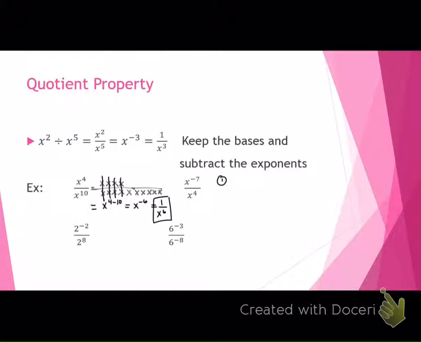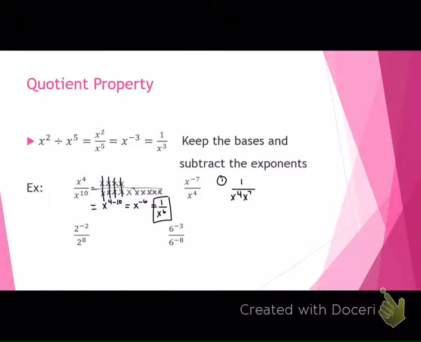One way, you could instantly change this so that you don't have negative exponents. Notice, did I move the x to the 4th? Is there a negative exponent on the x to the 4th? So should you move it? No, you only move things with negative exponents. So since this is in the numerator, it goes to the denominator. If it was in the denominator, it would go to the numerator.